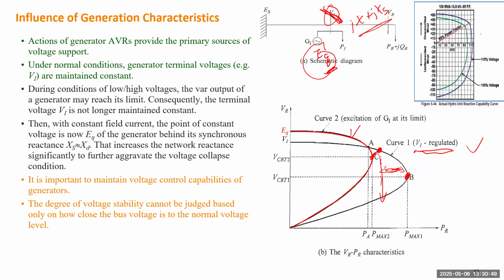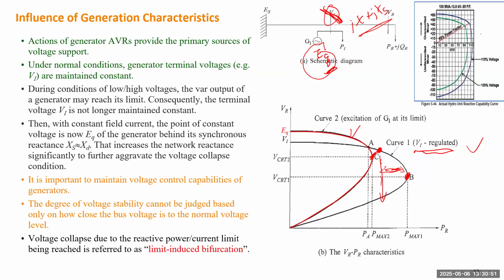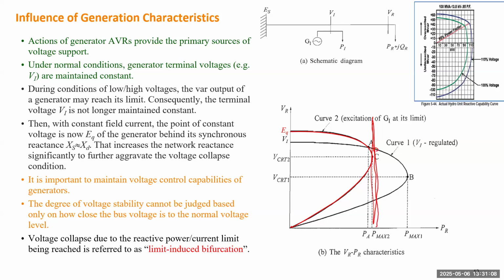Another switch that can happen is this type of condition called the limit-induced bifurcation. It's also a type of bifurcation because before the switch happens, the system may still have two equilibria. Okay, so if this is the original condition, it has a stable equilibrium point and an unstable equilibrium point. So there's enough distance between the stable and unstable one.